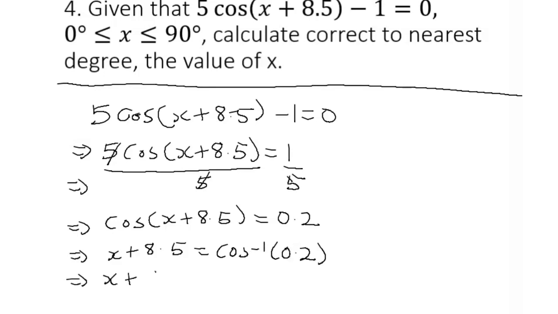So x plus 8.5 is equal to cos inverse of 0.2. Once again, if you have your calculator before you, you press shift and then you press the cos button. You see cos inverse 0.2, and that gives us 78.46.